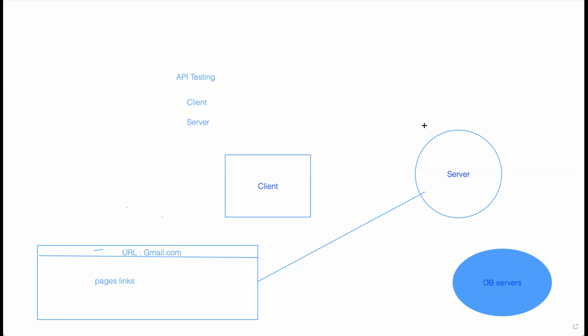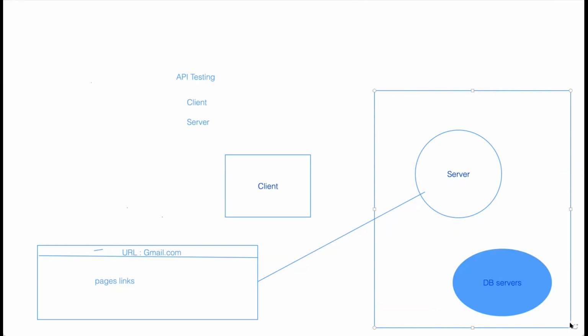And the client is the area where we can request from the server whatever we want to get. The server gives the response. We are hitting through URLs. This is what we call a request.